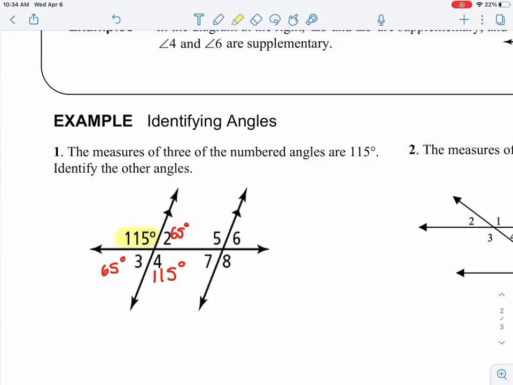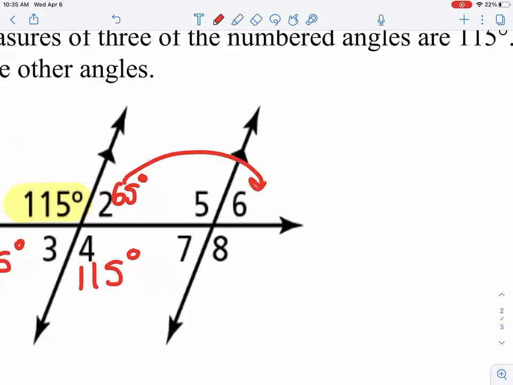Now, what number corresponds to this angle? What number over here corresponds to this guy? Which of these corresponds to this one? 6, yeah, very good. So 6, this and this correspond, so that angle is going to be 65 degrees.